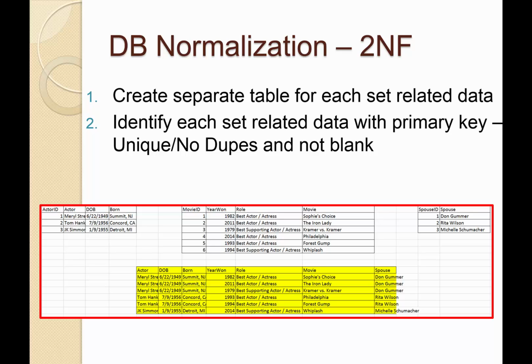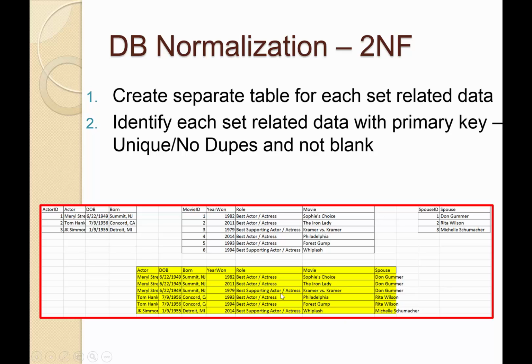In second normal form, we're going to create separate tables for each related data. We talked about actors, we talked about the movies, and then we talked about spouse ID. You'll see that this is in the video converting the Excel spreadsheet, and all the information in yellow is essentially the first normal form.